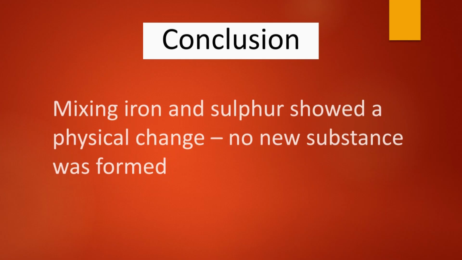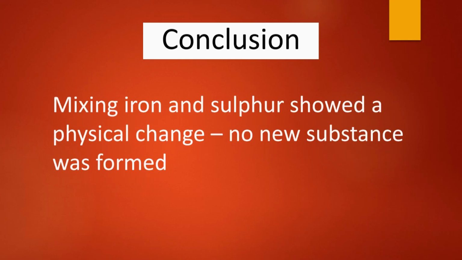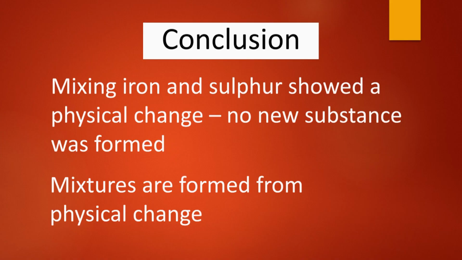And so we can make some conclusions from this. Let's see our conclusions. Certainly, when we mixed the two, because no new substance was formed, it was just a mixture, we're saying that represented a physical change. And therefore, we can conclude that just mixing two substances together, right, can form mixtures which are made from physical changes.